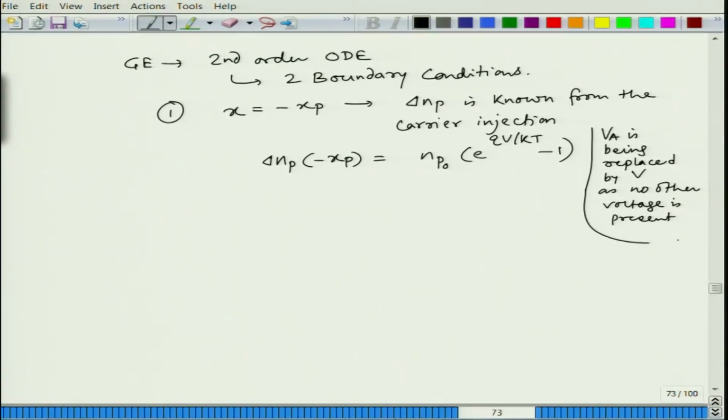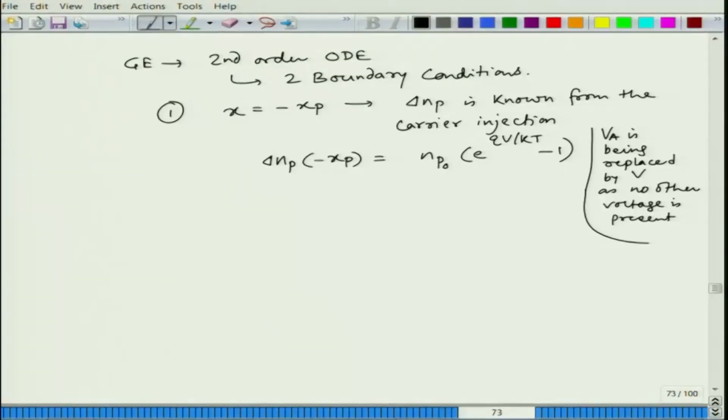So, there is no confusion. Earlier we had to do it because we had to differentiate that applied voltage from the built in voltage. Okay. So, now we do not have that built in voltage anymore in the expression. So, we do not have to differentiate by explicitly telling it is VA.